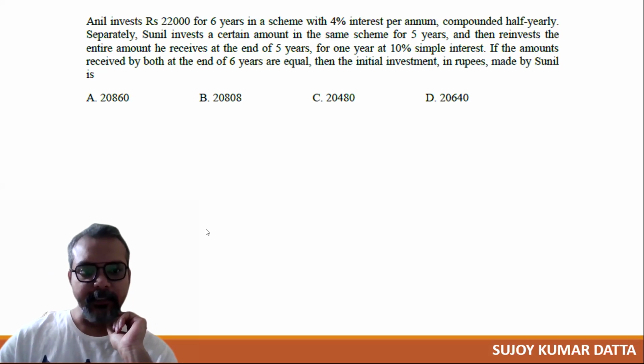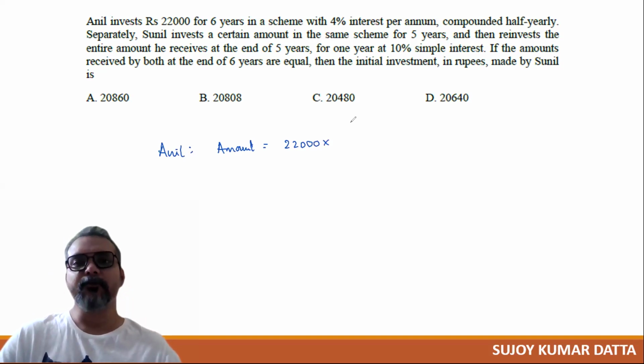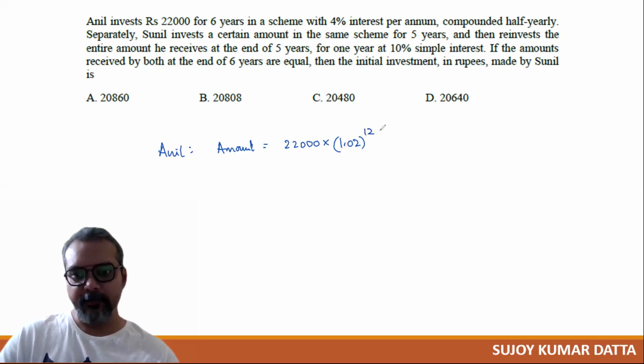So if that is the case, for Anil, the amount would be... now 4% compounded half yearly becomes 1 plus 4 over 2 divided by 100. So that's 1.02. And 6 years will become 12 periods. So to the power 12. So that is the final amount.